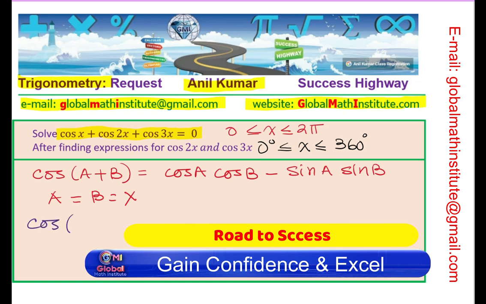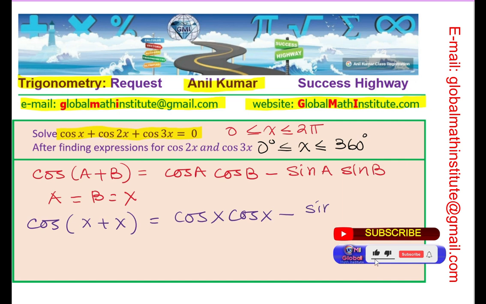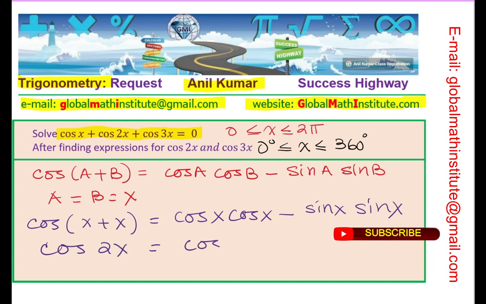It becomes cos of x plus x equals cos squared x minus sin squared x. Simple as that. Which you can now write as cos of 2x equals cos square x minus sin square x. Makes sense. So that is the basic formula which relates cos 2x.